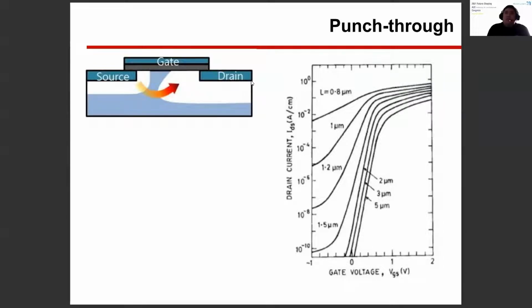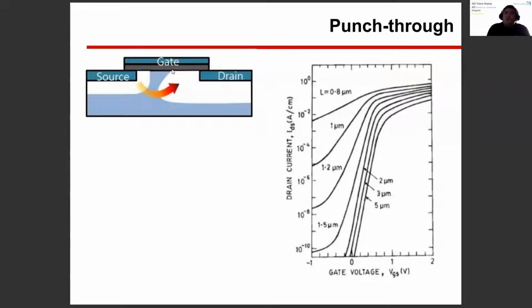If we shorten the channel length, if we put the plus and minus here, the depletion region of the drain is larger than the zero voltage is implanted.